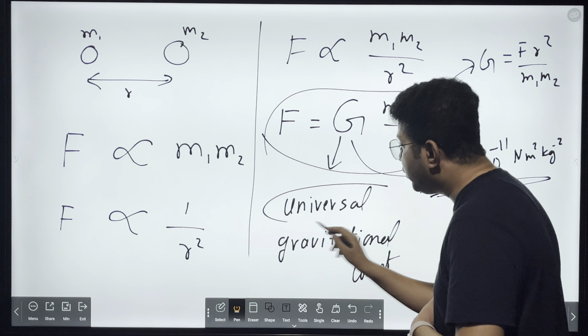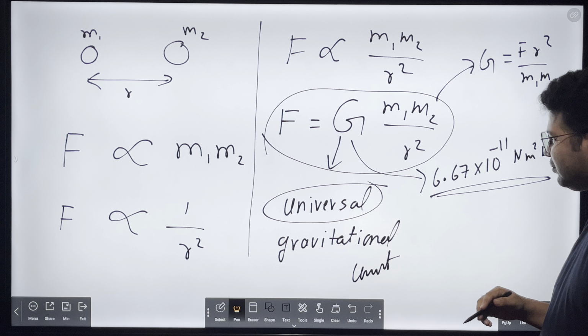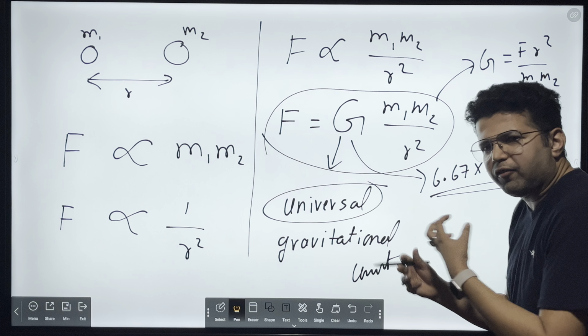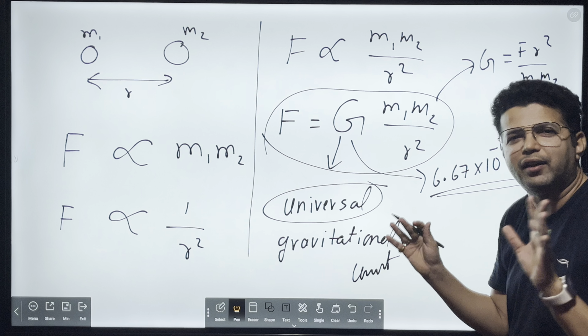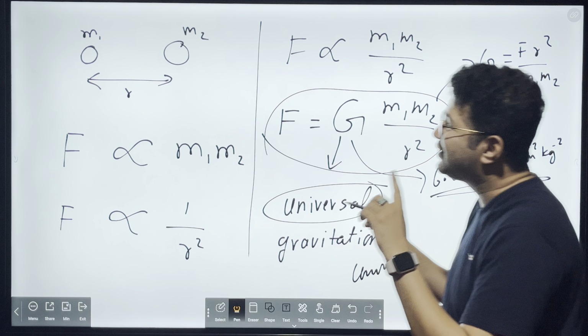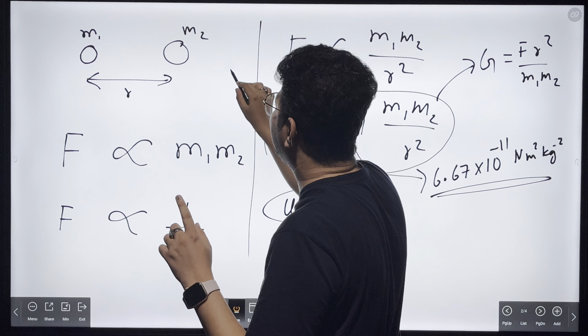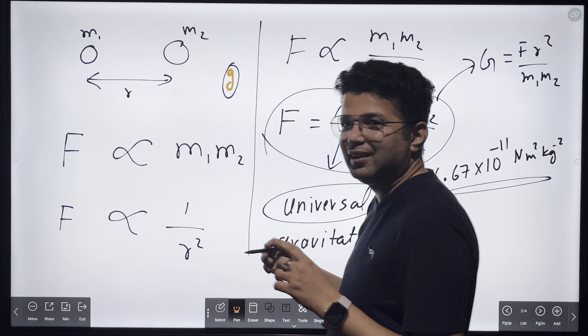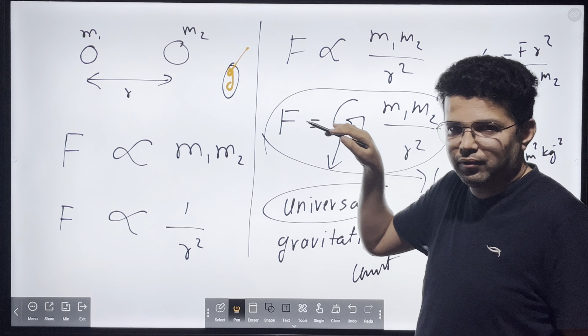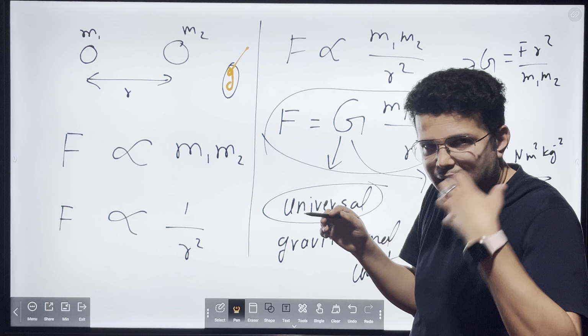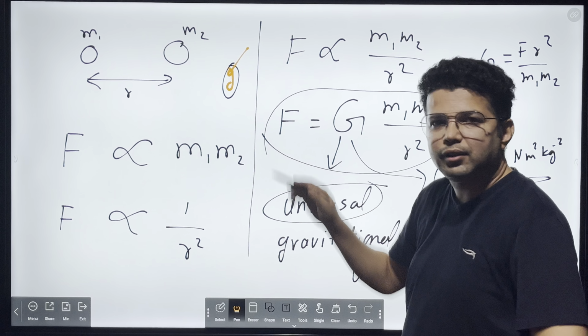Why do we call it the universal gravitational constant? Because it is independent of the medium between the two bodies. This value of G is constant everywhere in the universe. Like in the first chapter, in straight line motion, we studied something called g, correct? What is that? This is acceleration due to gravity.